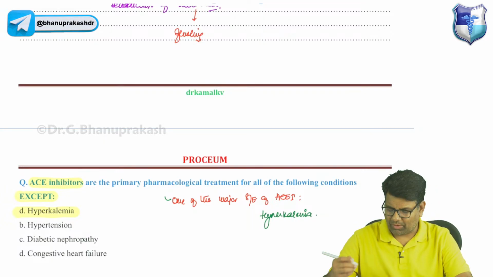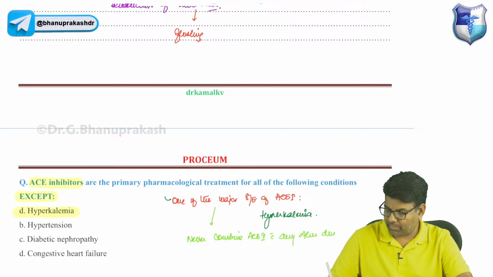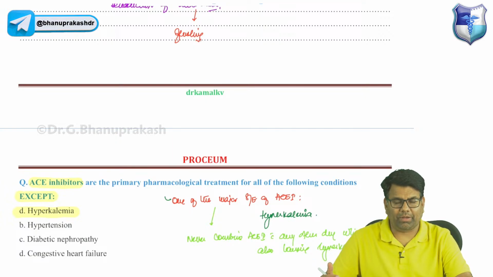And based on the same concept, it is also said that never combine an ACE inhibitor with any other drug which also causes hyperkalemia, because there will be fatal hyperkalemia.